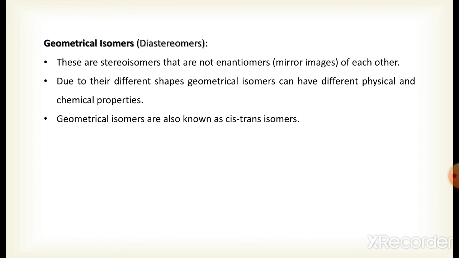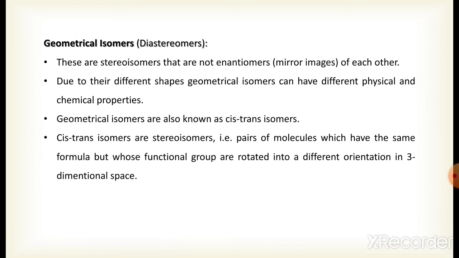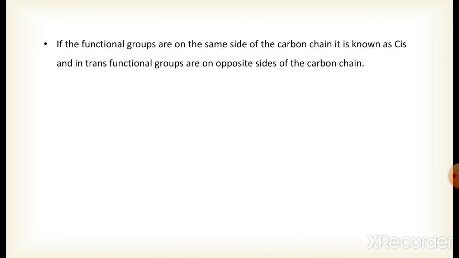Cis-trans isomers are stereoisomers, that is, pair of molecules which have the same chemical formula, but whose functional groups are rotated into a different orientation in three-dimensional space. If the functional groups are present on the same side of the carbon atom or carbon chain, it is known as cis.